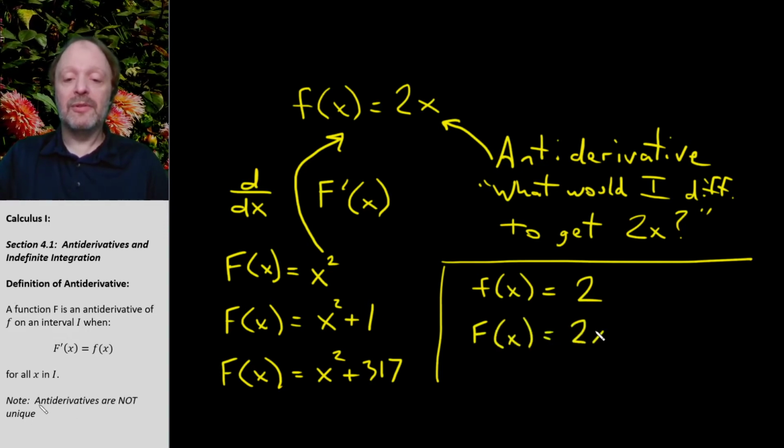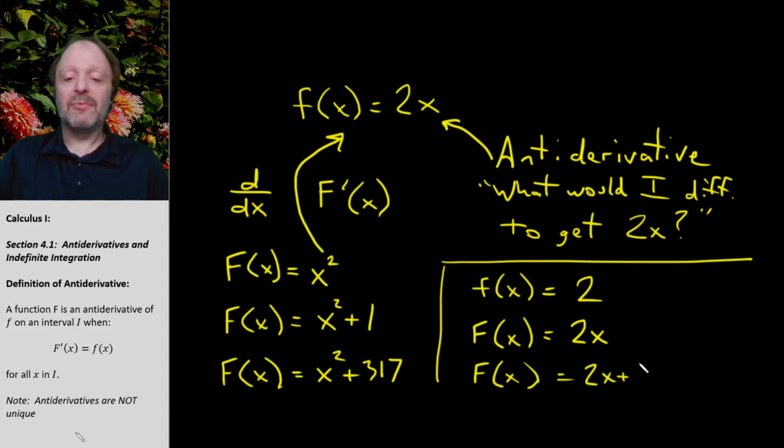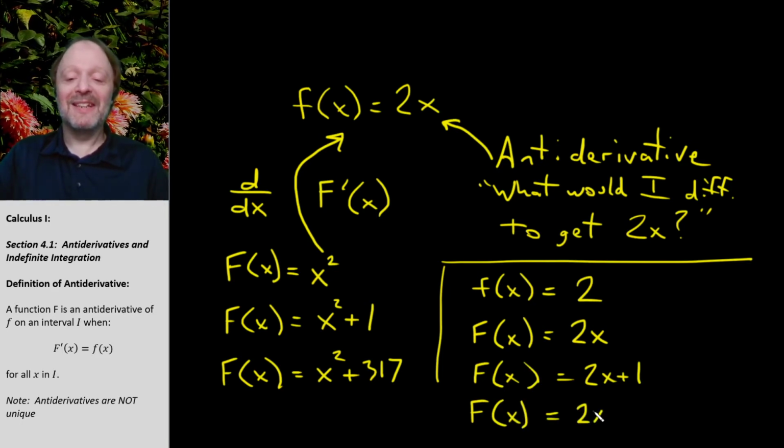Well, 2x, 2x plus 1, and then maybe even 2x plus 3. I'm not doing 317. We'll leave it like that. All these are completely legitimate antiderivatives.